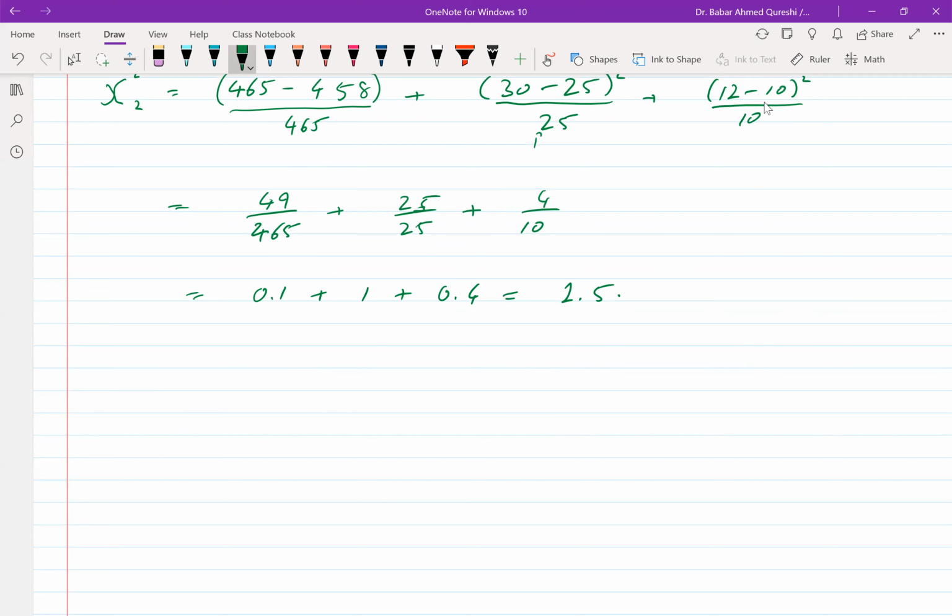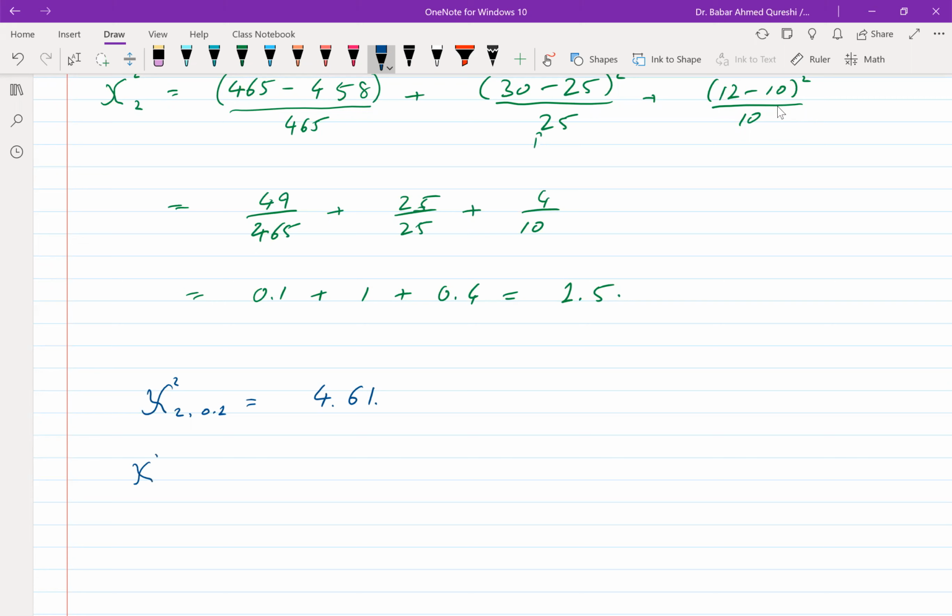And if I compute chi-square 2 at 0.1, this critical value comes out 4.61.